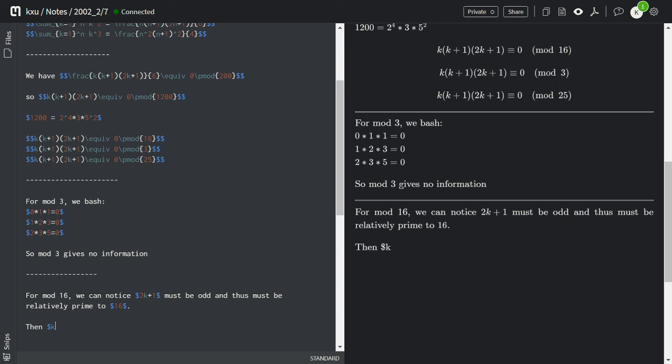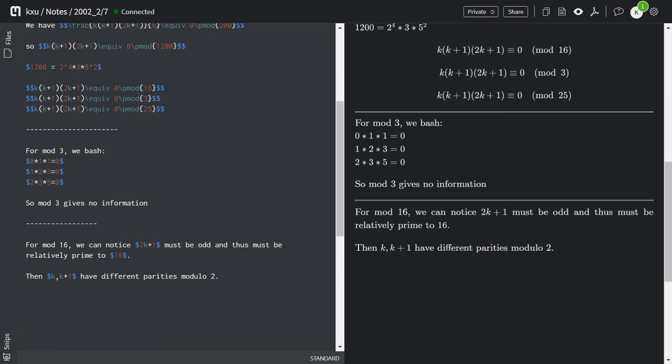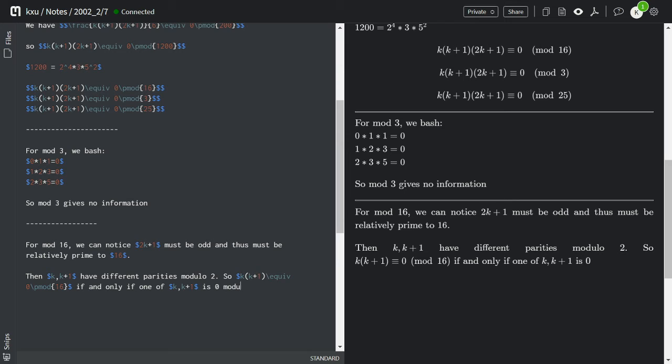Also, k and k plus 1 have different parities, so one has to be even and one has to be odd. So because 2k plus 1 must be odd, k times (k plus 1) is 0 mod 16 if and only if one of k and k plus 1 is 0 modulo 16. This happens when k is 0 or 15 modulo 16.